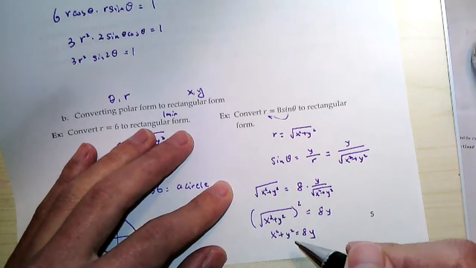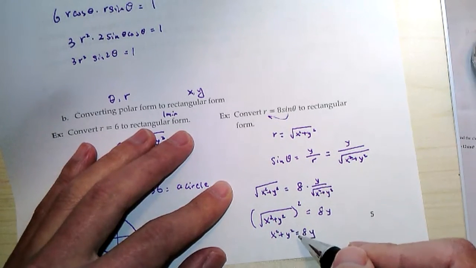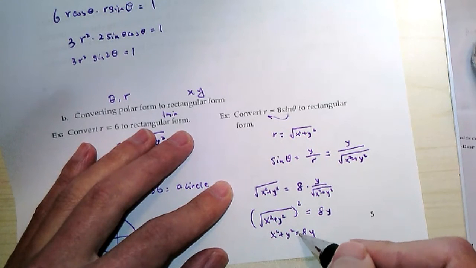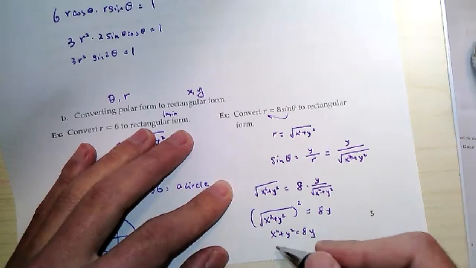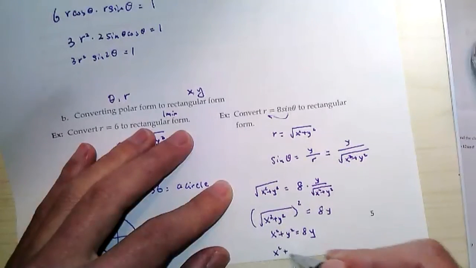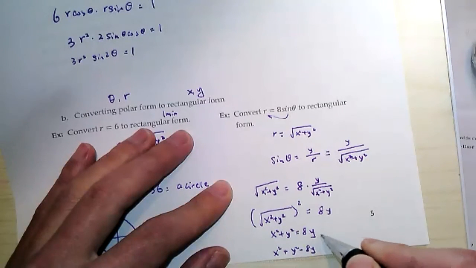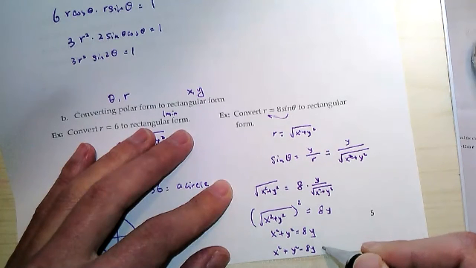But for me, I have some curiosity because this is just a circle. Okay, let's rewrite everything in terms of a circle. What is this? This is x squared plus y squared minus 8y equal to 0.